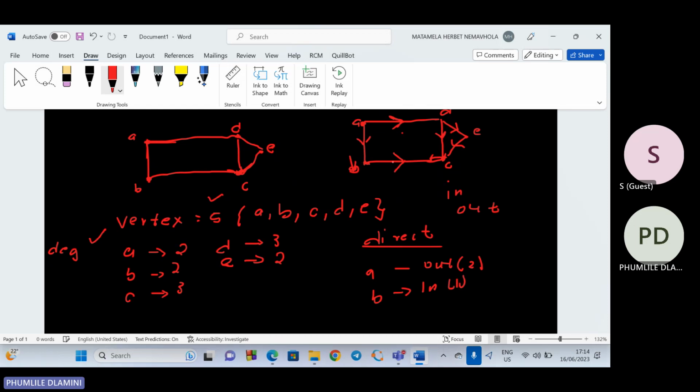And we also have out degree, which is going out, which is also 1. So in combination, if we add the two, they're going to give us 2 degree.